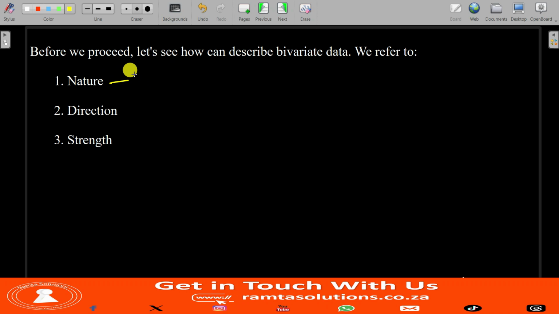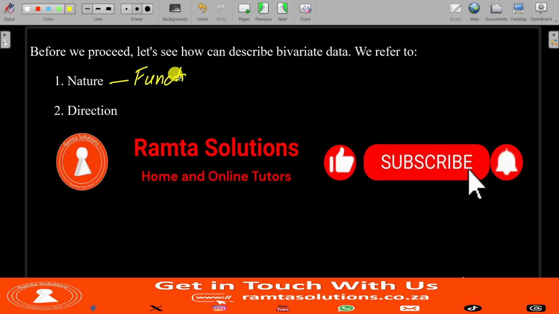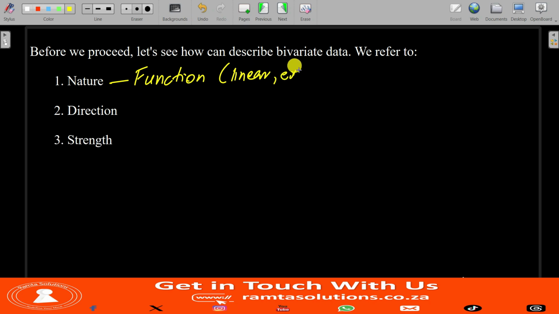By the function, you know by now that you have done a linear function, let's say exponential, you have done quadratic, and there's more, guys, okay? Quadratic and so on. You follow?